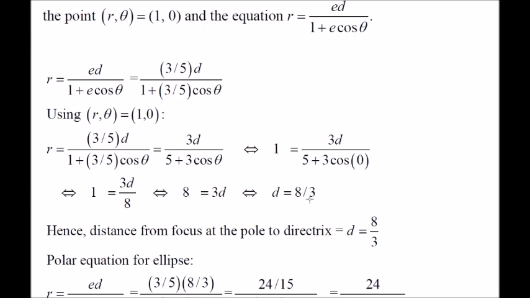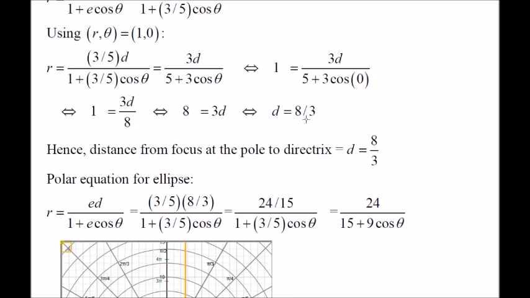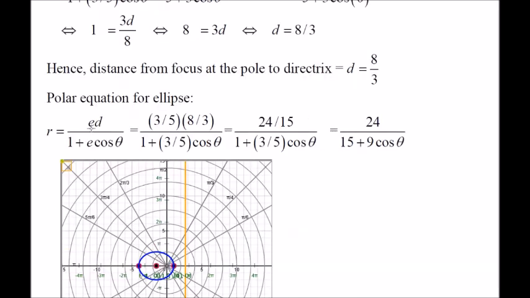And so the directrix is a distance of 8/3 from the pole. To form the equation, in the place of e, the eccentricity, we have 3/5, and in the place of d, the distance from the focus or the pole to the directrix, we have 8/3. Then 3/5 times 8/3 is 24 over 15. To simplify, multiply the top and the bottom by 15.